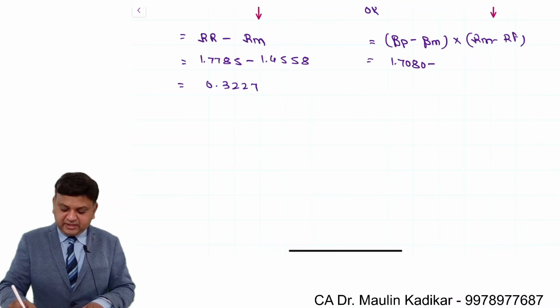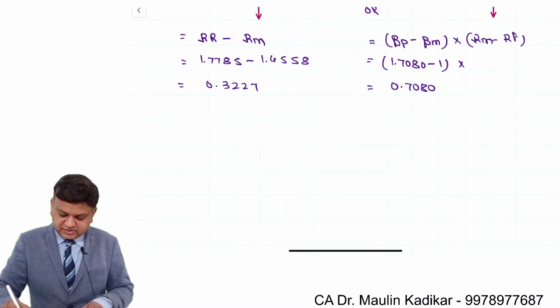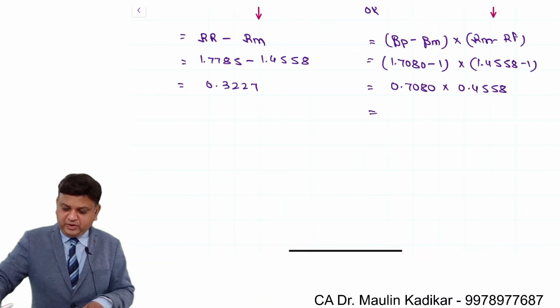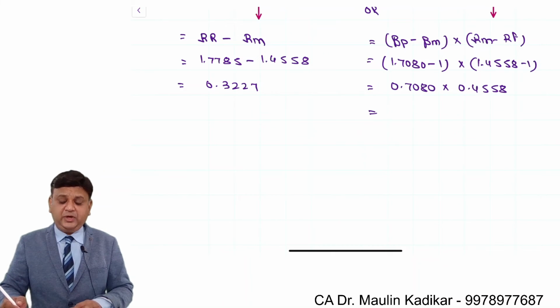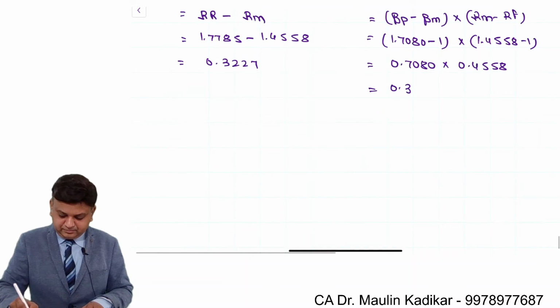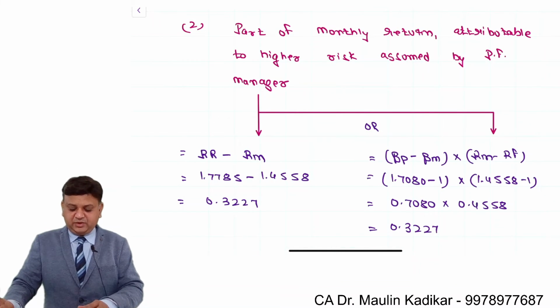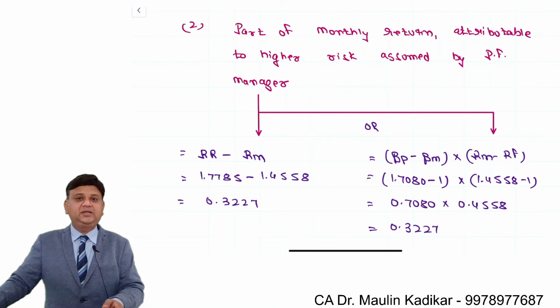In comparison to the market portfolio, it is higher by how much? 0.7080 into RM minus RF, that is 1.4558 minus 1, so it is more by 0.4558. So 0.708 into 0.4558 comes to 0.3227. This is the part of the portfolio return attributable to the high risk assumed by the portfolio manager. Right, that is the answer.